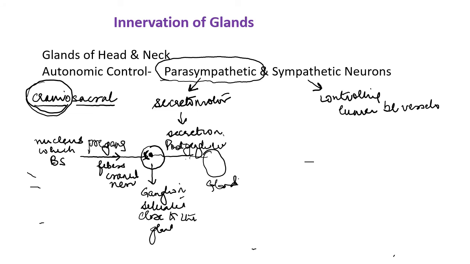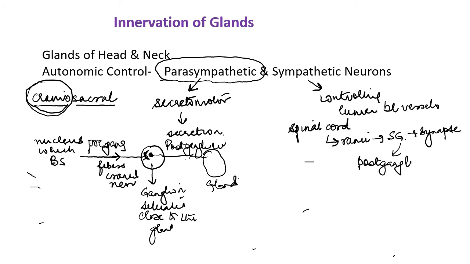In contrast, the sympathetic neurons, we saw, exited from the spinal cord. They traveled in the rami of the spinal cord, entered into the sympathetic ganglia, where they might synapse at the same level or at higher levels, and from there the postganglionic fibers arise again, which travel along the blood vessels to reach their gland.